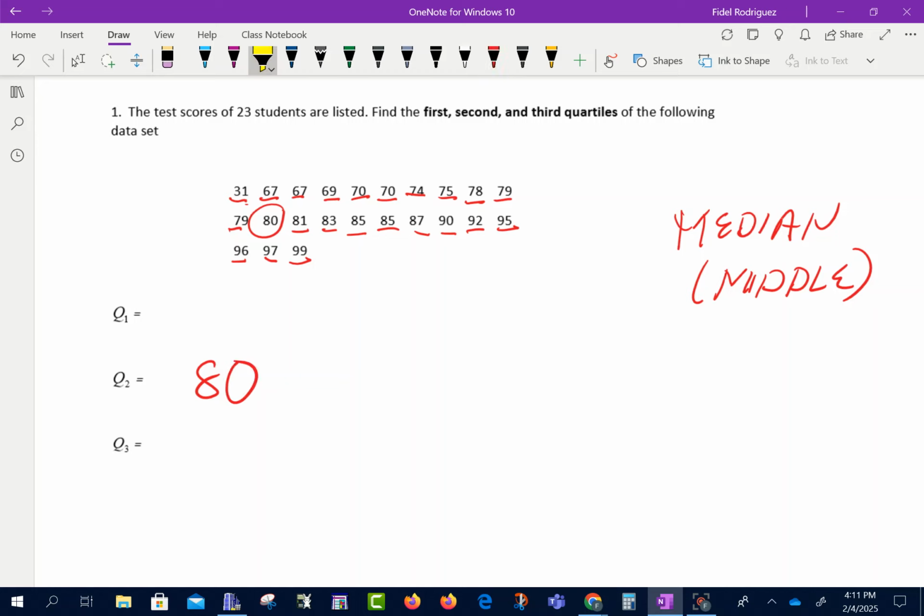Now, let me show you how we're going to find Q1. For Q1, y'all, we're going to look at all the numbers smaller than 80. And we're going to do the same thing we did before. We want to look for that number that's in the middle. So let me take the first number and the last number, second to the last, third to the last, fourth to the last, fifth to the last. The middle number of that set is 70.